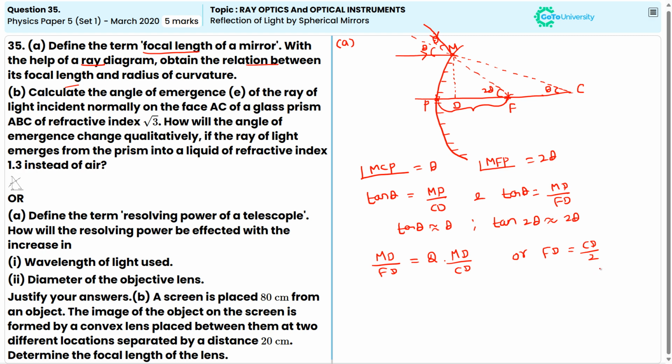From this, we can say that for small theta, point D is very close to point P. Now FD is equal to f and CD is equal to R. If we substitute the values here, we get f equal to R by 2. So this is the relationship between focal length and radius of curvature.